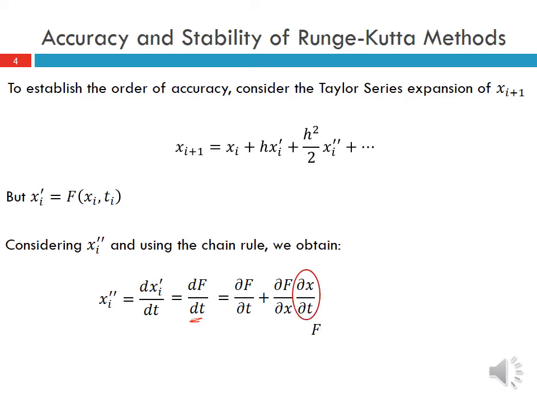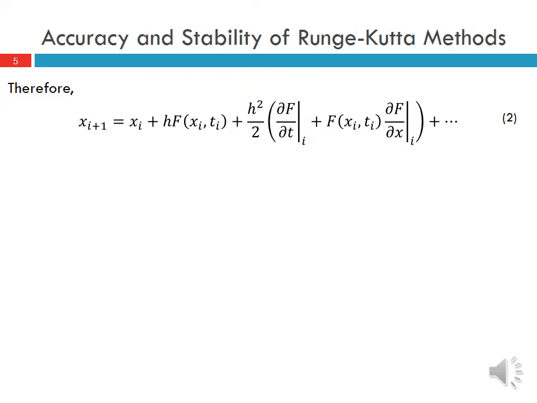And we know that partial x by partial t, or dx by dt, is just equal to f. So this second derivative term at i can be written as partial f by partial t plus f partial f by partial x, evaluated at i. We can plug these into our expression for the Taylor expansion, and we get the result shown here.